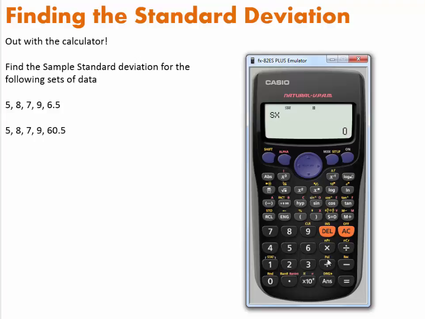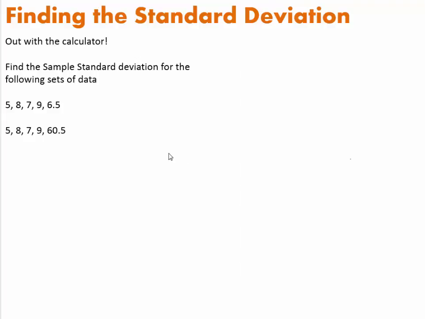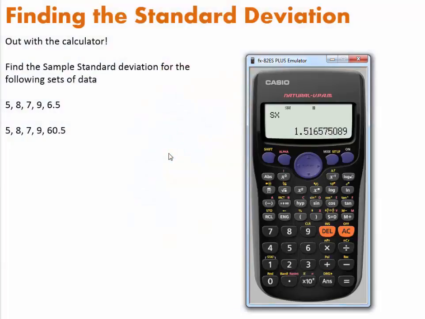That brings it up on your calculator. Press equals, and there's our sample standard deviation. It was 1.516. So if we round that off to 2 decimal places, we get 1.52.